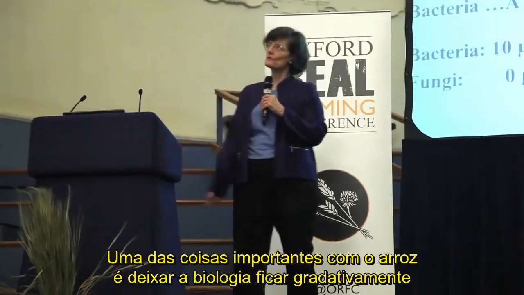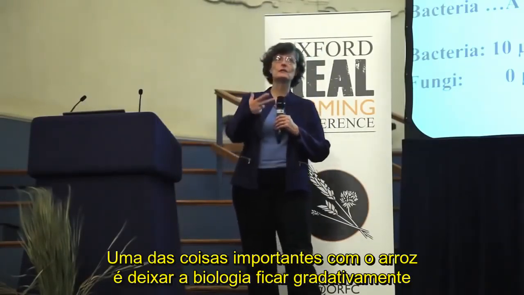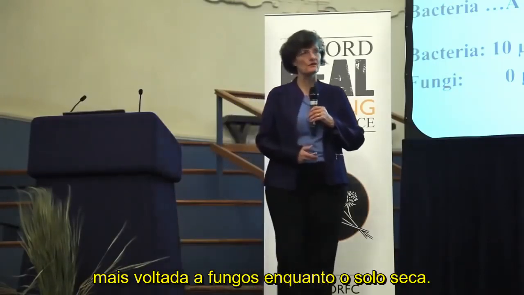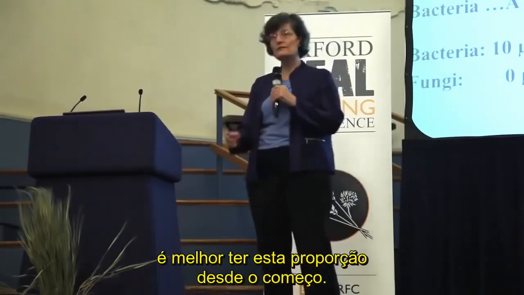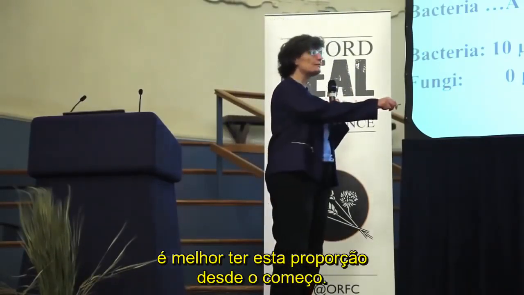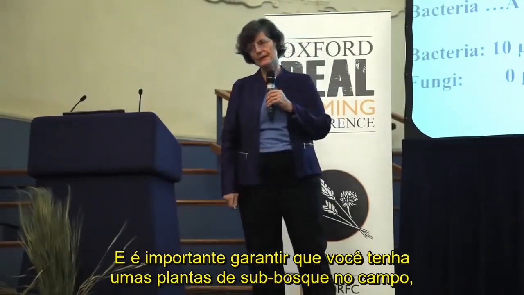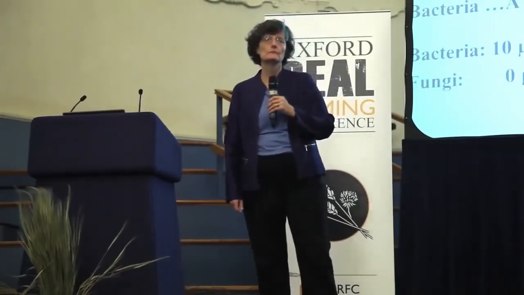So one of the important things with rice is that you allow that biology to come back much more fungal as the soil dries. Now, if we're in dryland rice, terrestrial rice, right from the very beginning you better start there. And you better make certain that you have some understory plants in that rice field that are going to fix nitrogen.